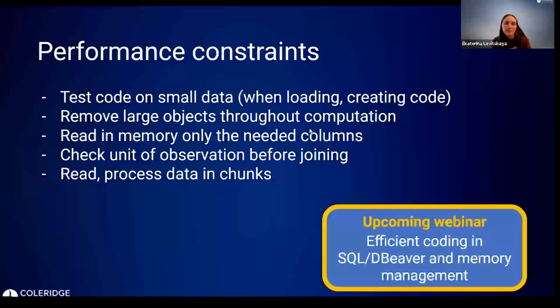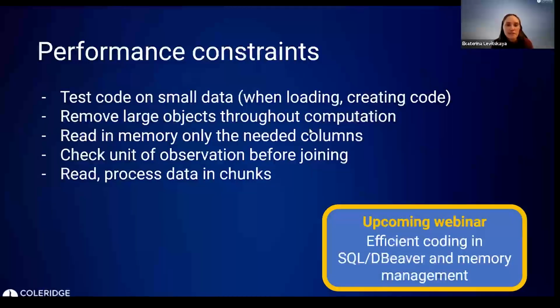And finally, when talking about coding best practices in the modern day, we mentioned that we often encounter performance constraints. We often find ourselves working with very large data sets. So we created a writing robust code checklist for you as a resource, where we identified several best practices, tips and tricks that you can implement in any programming language.